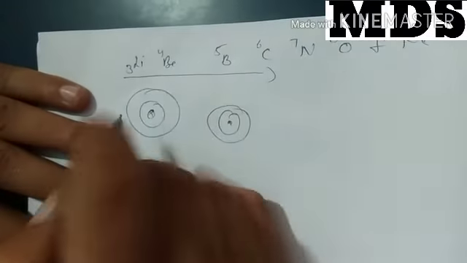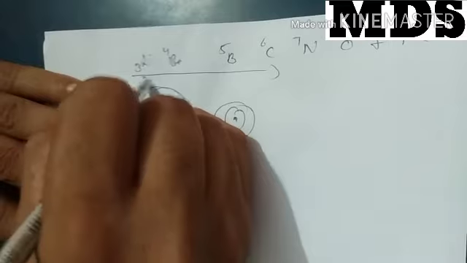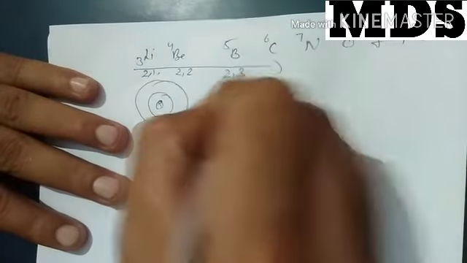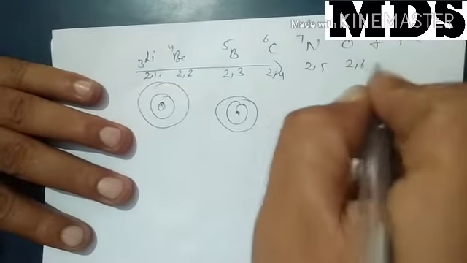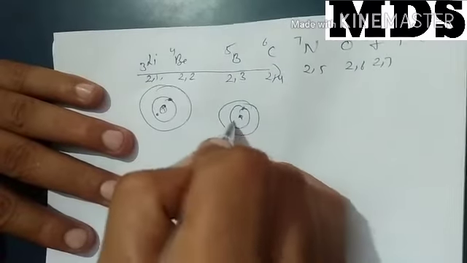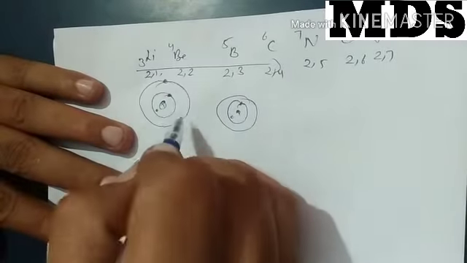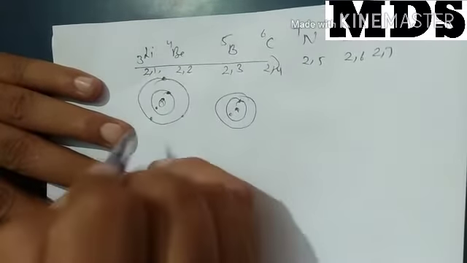Because you will see the configuration for these: this one 2-1, this one 2-2, 2-3, 2-4, 2-5, 2-6, 2-7. It means the first shell has 2 electrons in every case. In the second shell, lithium has 1 electron. If you go for beryllium, 2 electrons. If you go for boron, 3 electrons.